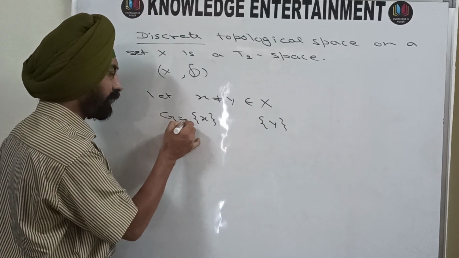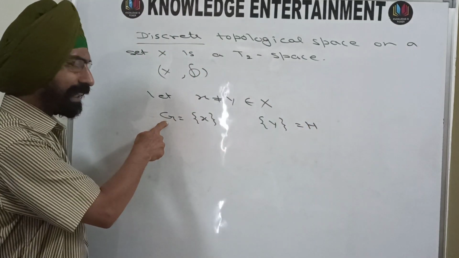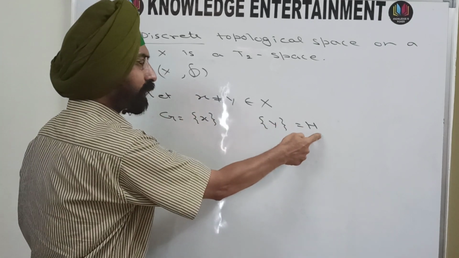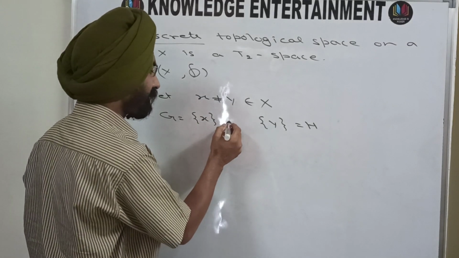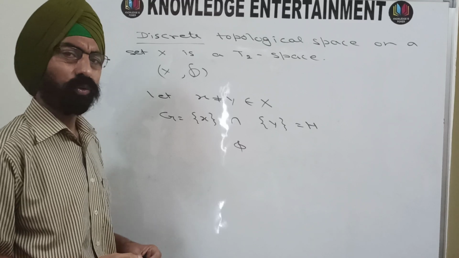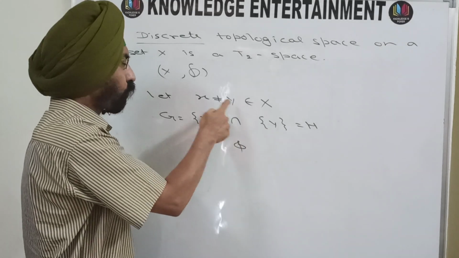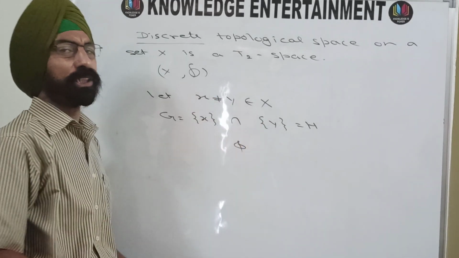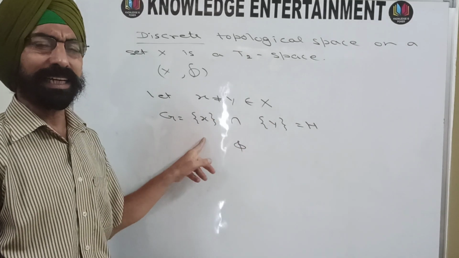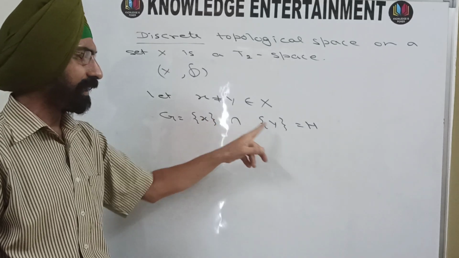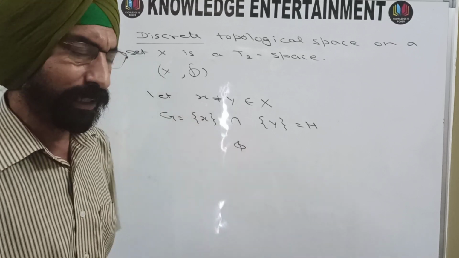Take them as your G and H. Now your open set G contains X, your open set H contains Y, and their intersection is phi. Why? Because X and Y are distinct elements. X is here but is not here. Y is here but is not here. So the intersection of these two sets is phi. So there exist two open sets, G containing X and H containing Y, and their intersection is phi. So the discrete topological space is a T2 space.